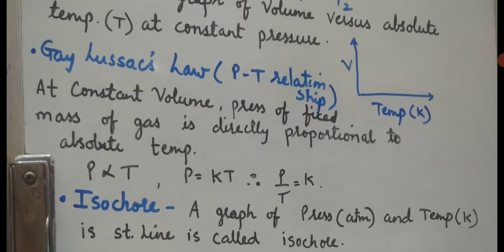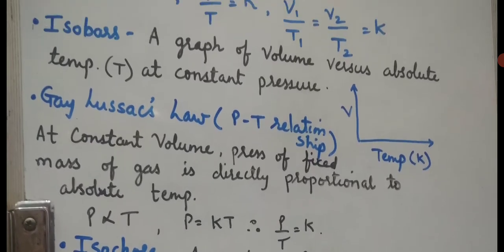In the next slide you can see the definition of isobar. Isobar is a graph, and bar is the unit for pressure. The graph that you get by keeping the pressure constant, with volume on the y-axis and temperature in Kelvin on the x-axis, such a graph is called an isobar.